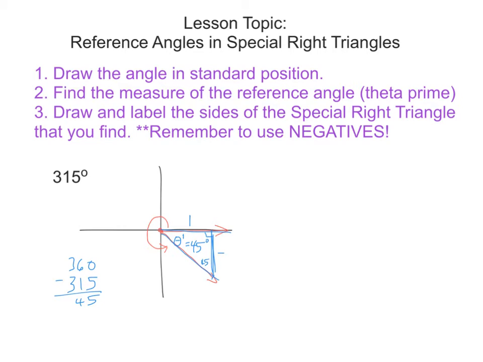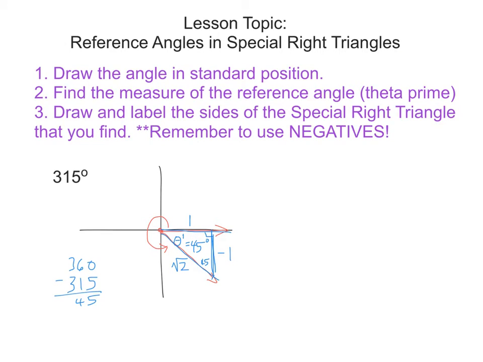And -1 here, okay? Because again, we're going right here, so it's 1, and we know this is a length of 1, but since we're moving down, we're going to write -1, and that's something that people will miss sometimes. So 1, -1, and we know that the hypotenuse in a 45, 45, 90 triangle is the square root of 2.